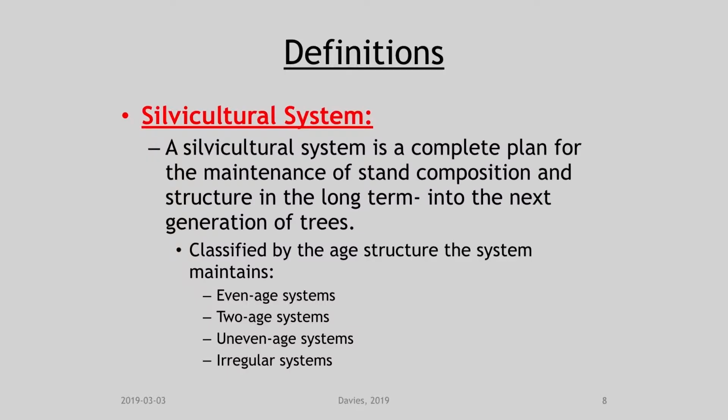as opposed to a silvicultural system, which is a complete plan for the maintenance of stand composition and structure in the long term into the next generation of trees and perhaps even beyond. Classically, in the Germanic tradition, and anybody in the English-speaking world who studied forestry, including Scandinavia and Finland, has inherited a Germanic perspective on silviculture.